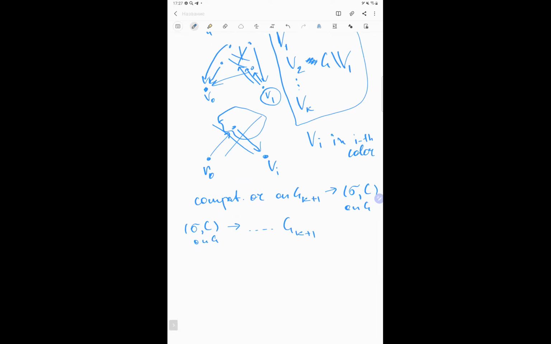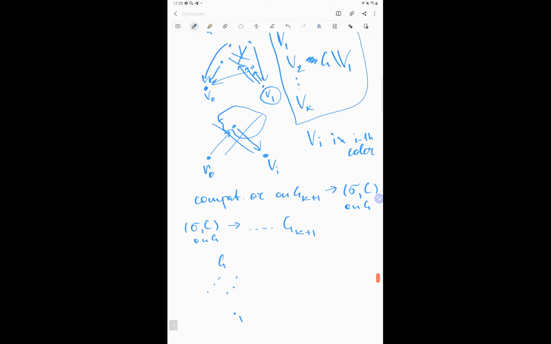We have graph G. It is colored in a special case, and every interior vertex is connected to every boundary vertex.